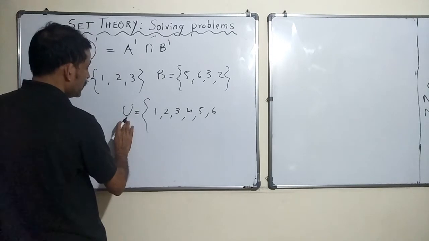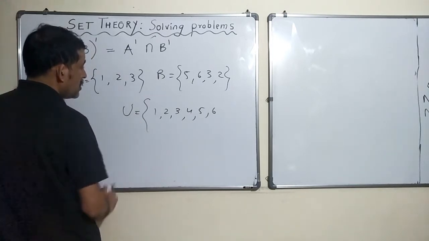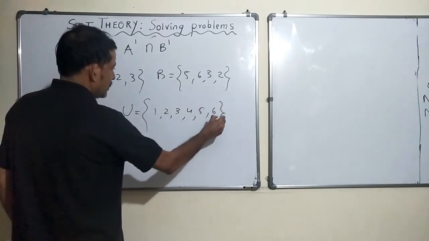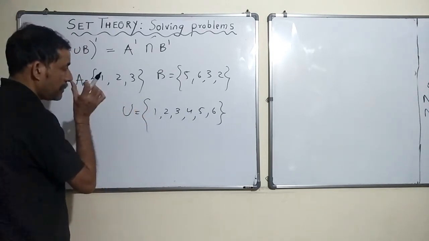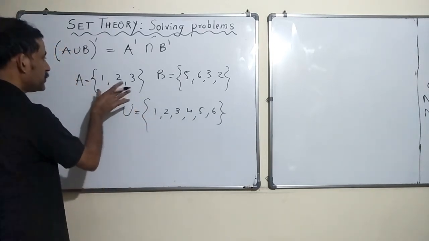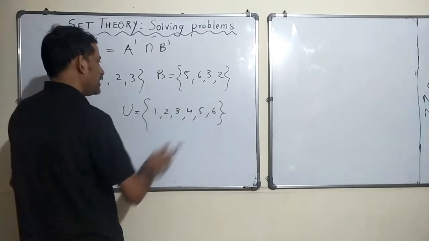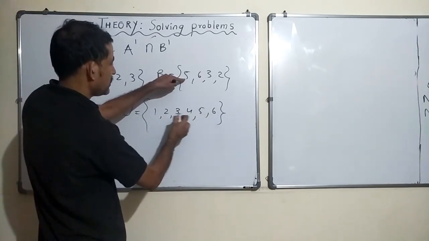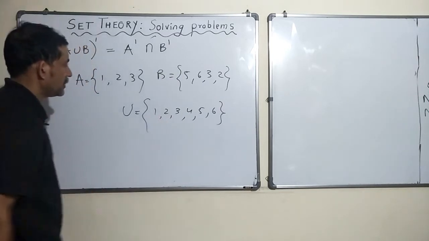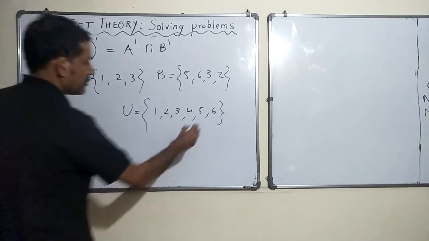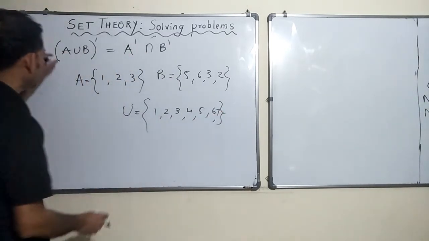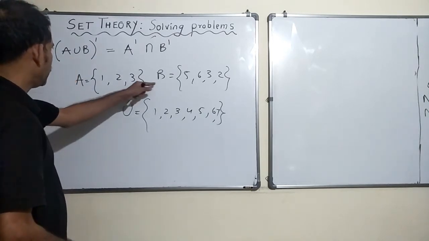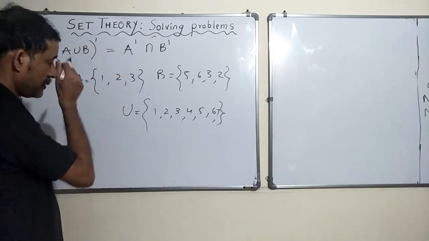The universal set is the set which has all the elements in a particular problem of interest. Okay, so it should have all the elements of A as well as elements of B, and it can have some more. So 1 is there, 2 is there, 3 is there, 5 is there, 6 is there. Okay, and maybe one more element, right? So you can have 7 also. So you can start and then you can find out A union B and complement of that, right?